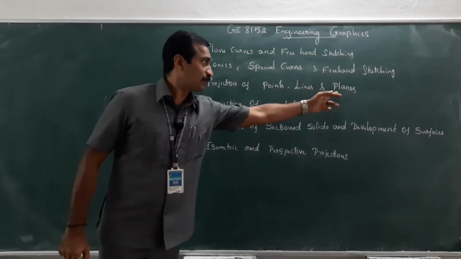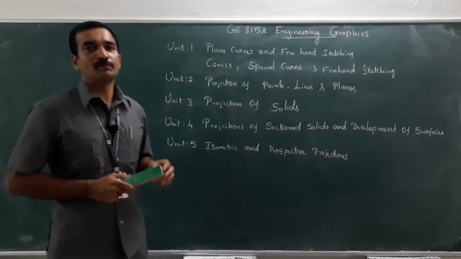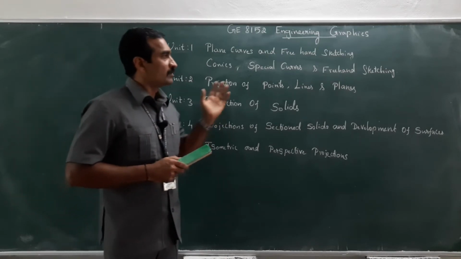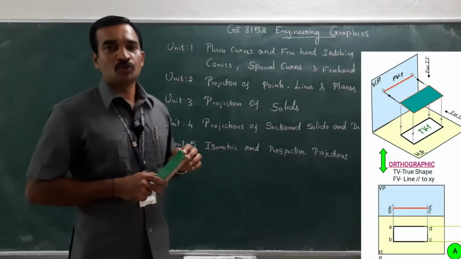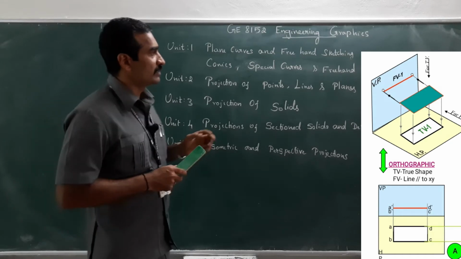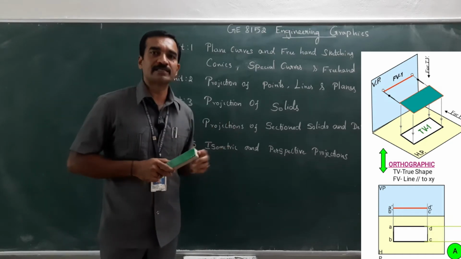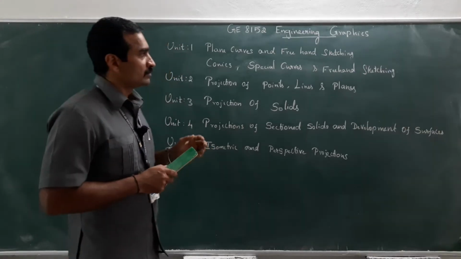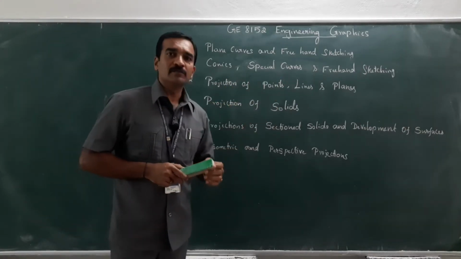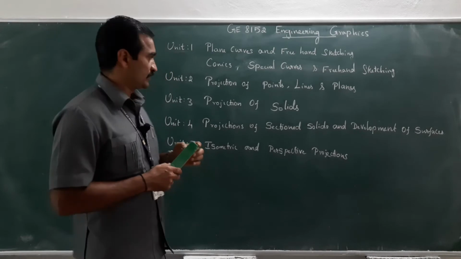Next, projection of plane surfaces. A plane is two-dimensional: length and breadth. The thickness is negligible. Under plane, we have 3 various positions.